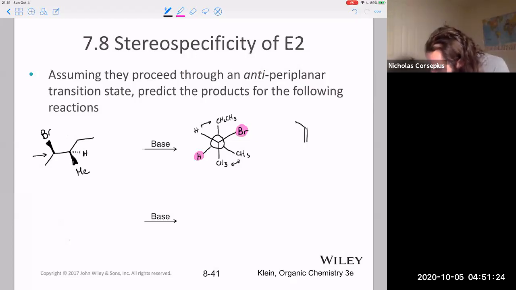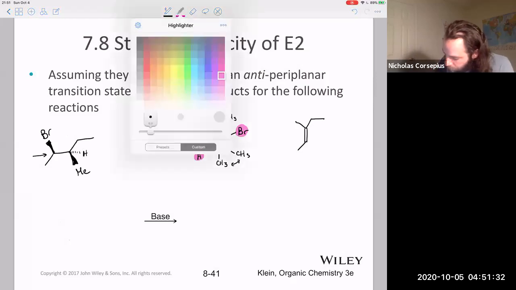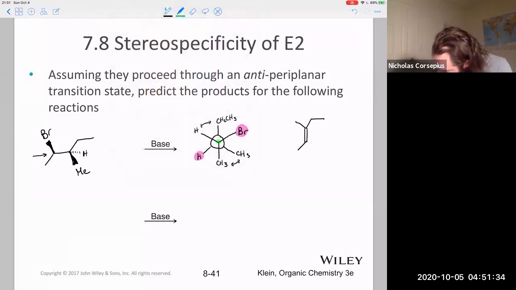Okay, so if I draw that, where this represents my front carbon. And again, this is the only product that will be produced in this particular reaction because we only have the one beta hydrogen.